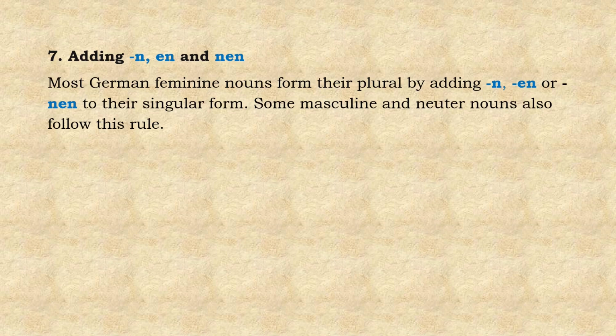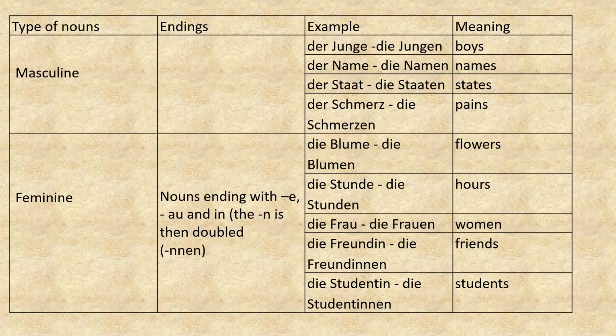Most German feminine nouns form their plural by adding n, en, or nen to their singular form. Some masculine and neuter nouns also follow this rule. Let us see it. Der Junge, die Jungen, der Name, die Namen, der Staat, die Staaten, der Schmerz, die Schmerzen.